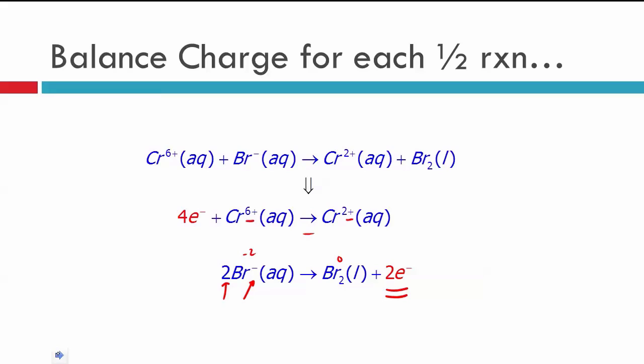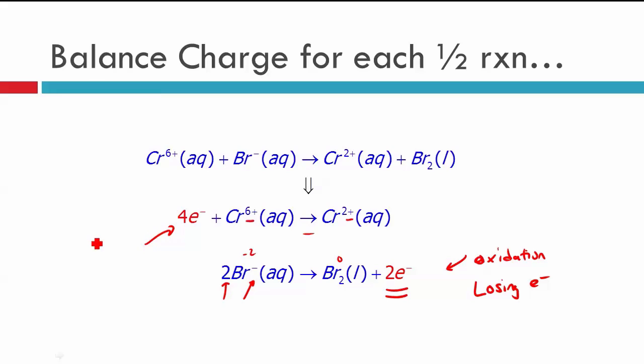Moving on, now that we have that, this is essentially telling us that this bottom half reaction here is the oxidation, because of the losing electrons. So the oxidation half reaction down here at the bottom only gives off 2 electrons every time it happens.